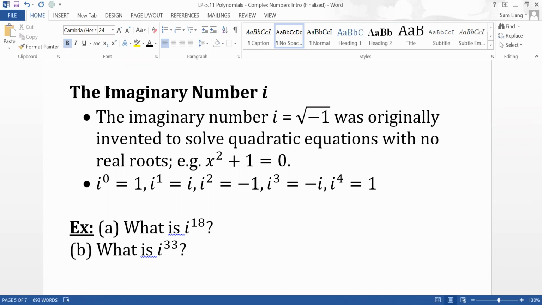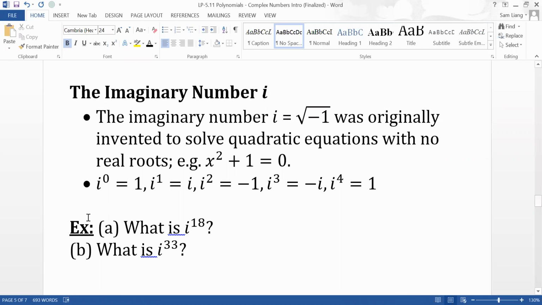But as scientific discoveries have been made, we see that the imaginary number i actually does come up in practical use. One example is in physics. If you take a college class in physics or engineering, you'll see the imaginary i when you study, for example, circuits. You probably won't see it in high school.